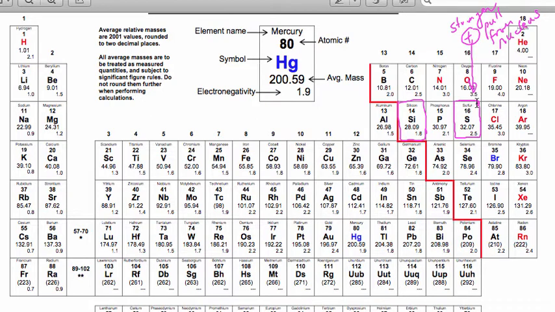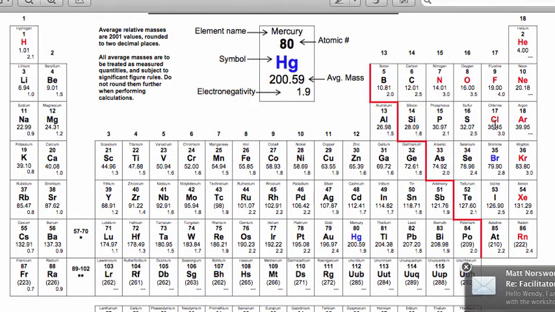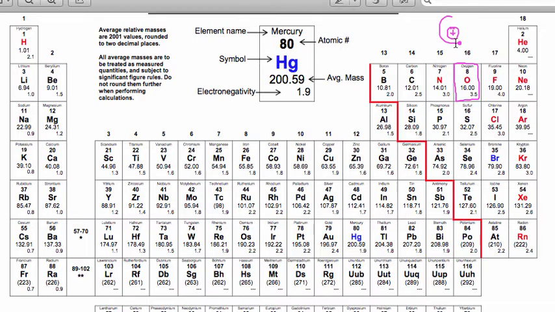Alright, the next comparison is between sulfur and oxygen. And so what we have here is a little more logical conclusion. Here's oxygen. It only has 2 energy shells. Okay, you've got your nucleus, and then you've got the first energy level and the second, and then sulfur's got a third.